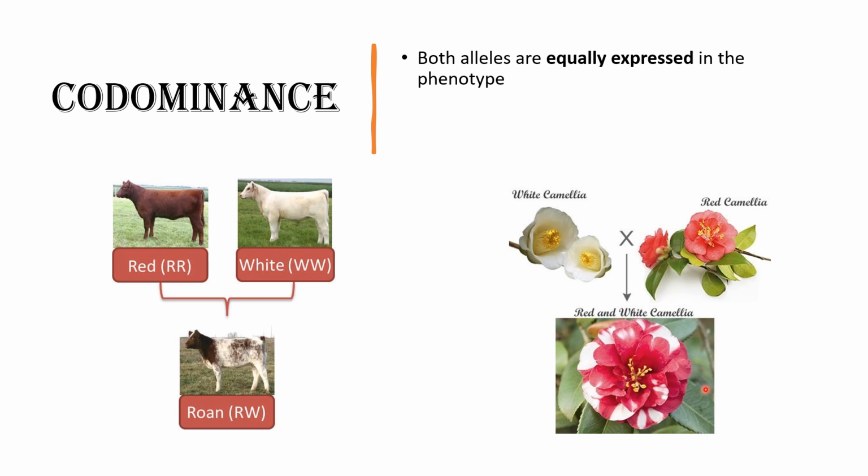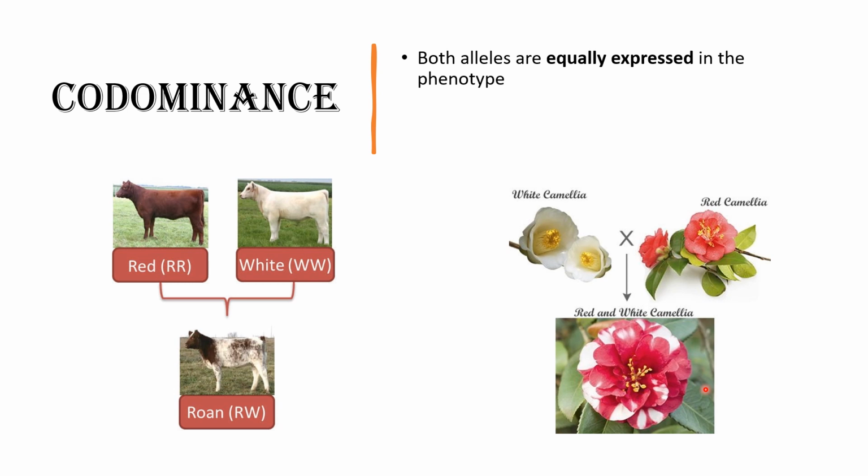So I believe from now you will go and look at these characteristics and think of them and ask yourself, is it codominance? Is it incomplete dominance? Is it complete dominance? And how will you know?